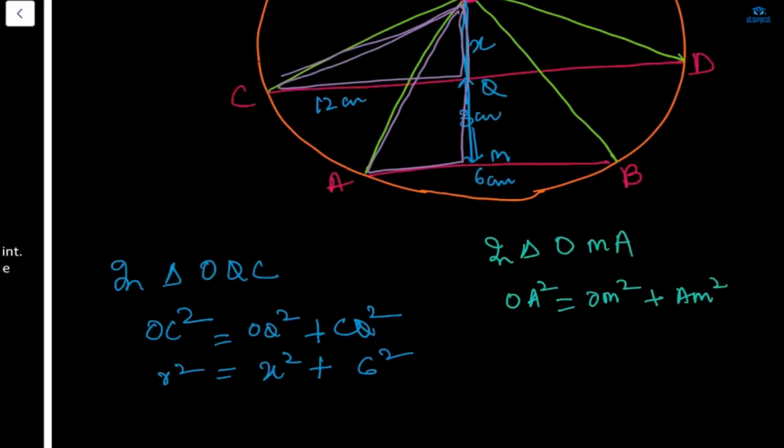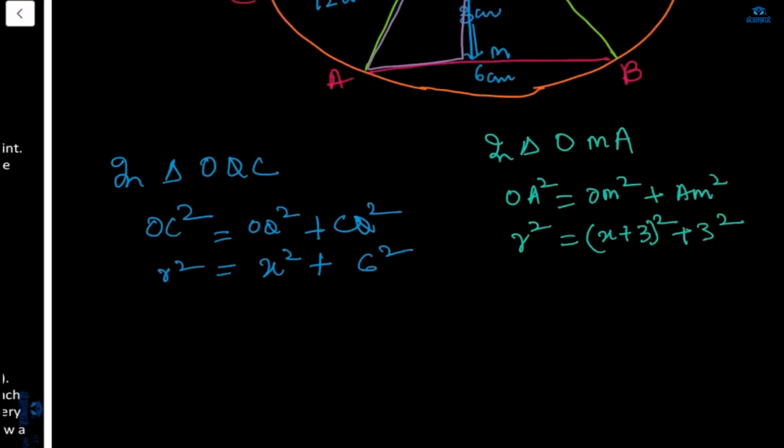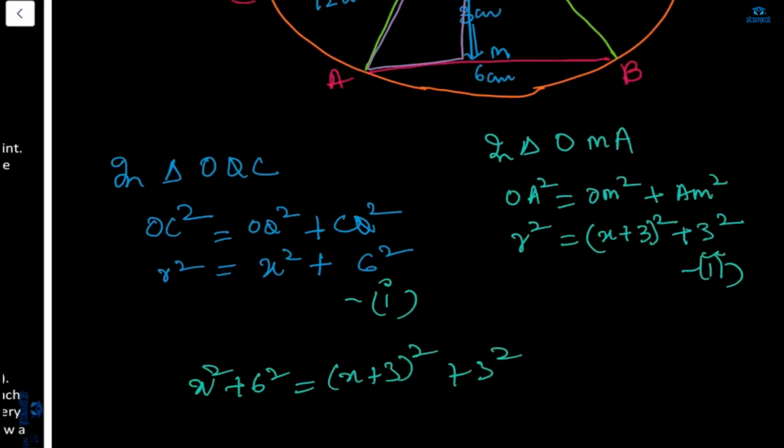So OA square is again radius, and OM square is what? X plus 3 square plus AM square will be what? AM square will be 3 square. Okay, so as you can see from equation first and second, both are equal to radius. So we can write this or not, that X square plus 6 square is equal to X plus 3 whole square plus 3 square. Yes or no?